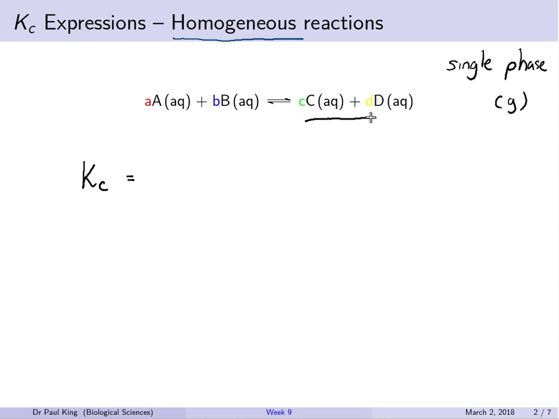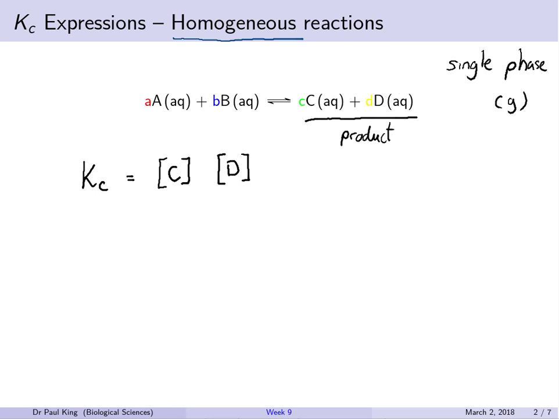We first look at everything that happens to be a product in our reaction, and here there are two products, C and D. And what we do is we write concentration terms for both of those species. Okay, so we have a concentration term for C, that's here, and for D, that's there.